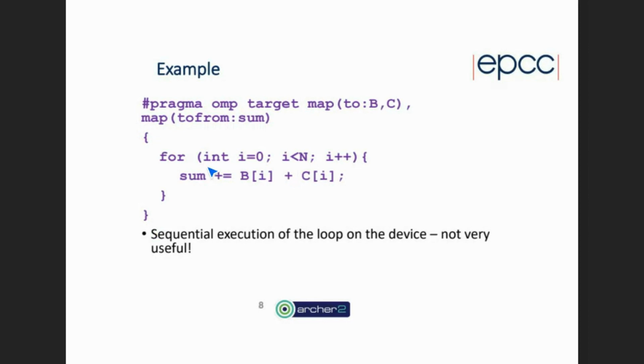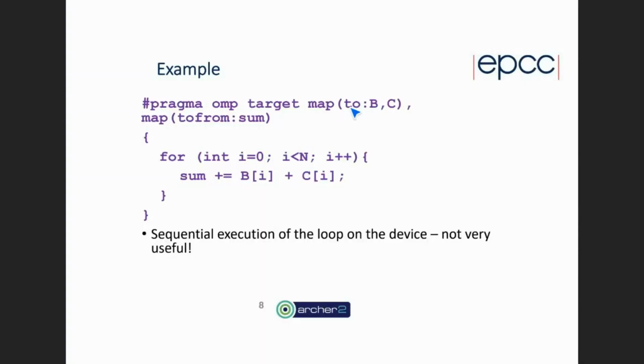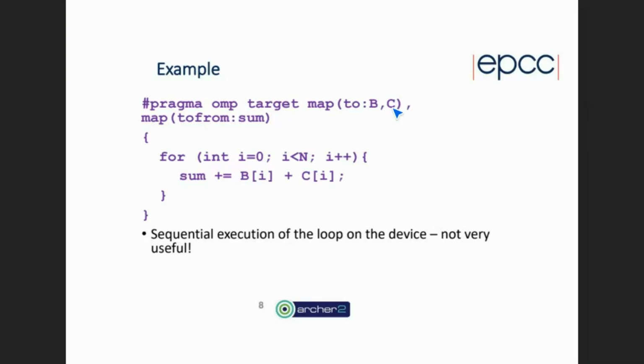A very simple example would be a loop like this, which you could offload with a target. If you want to specify the mapping explicitly, then you'd say these arrays B and C are being read, so they need to be mapped to the device, but they're not being modified, so they don't need to come back again.